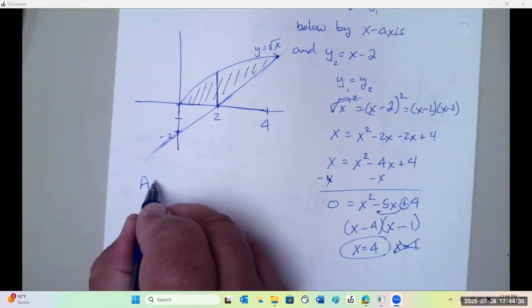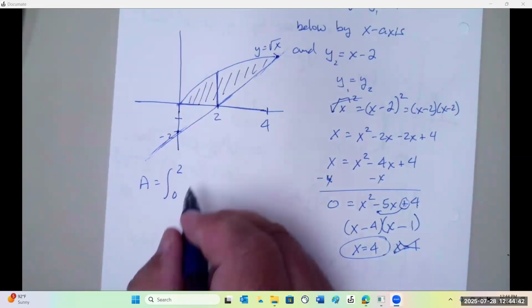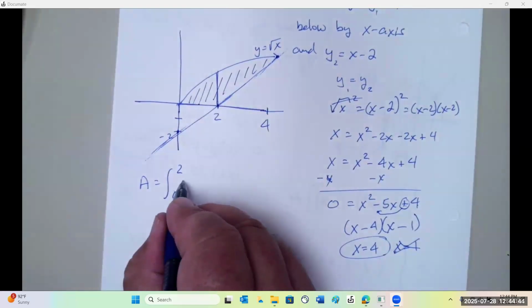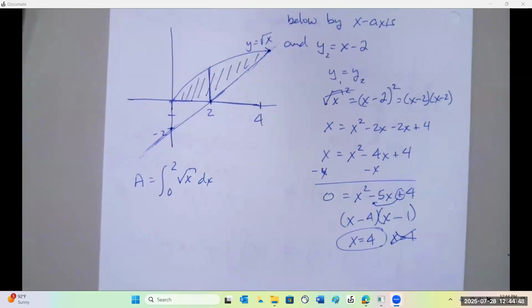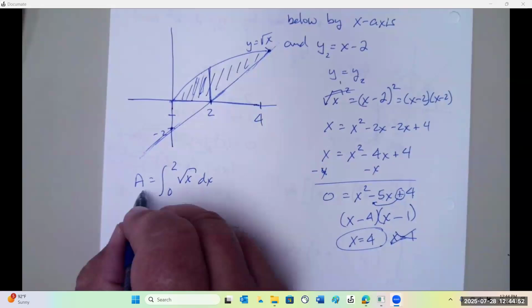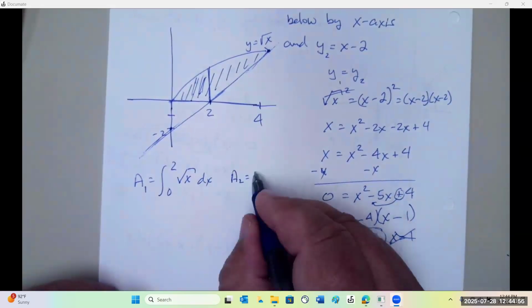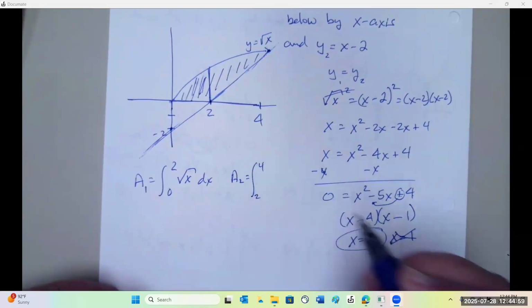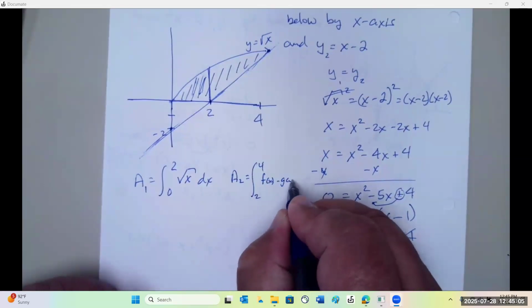If we look at it from 0 to 2, it's only the area under our function, square root of x. That's area 1. Area 2 is from 2 to 4, and it's f of x minus g of x.